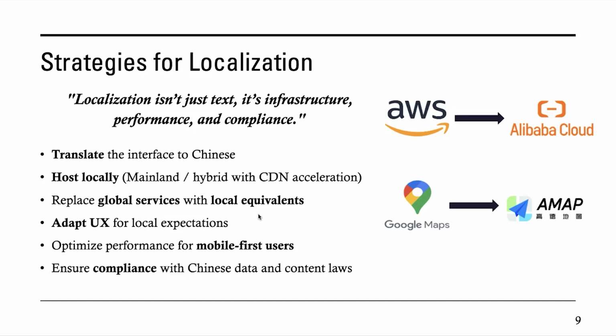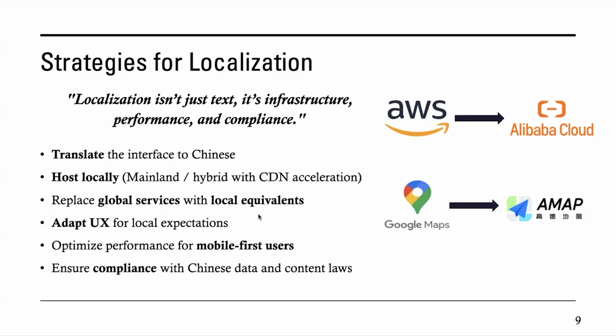If you don't want to, you can go with a hybrid approach using CDN acceleration. You host your static assets, your HTML, CSS and fonts, within mainland China and distribute them using a CDN that works there, while the backend stays in the rest of the world. But mind you, this is still going to be very slow compared to hosting everything locally.